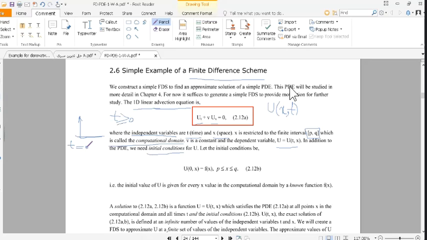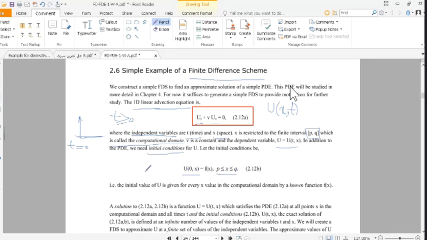In this example, the start point for t is 0, and the initial condition is u of 0 and x, for all x in the computational domain, meaning x from p to q.